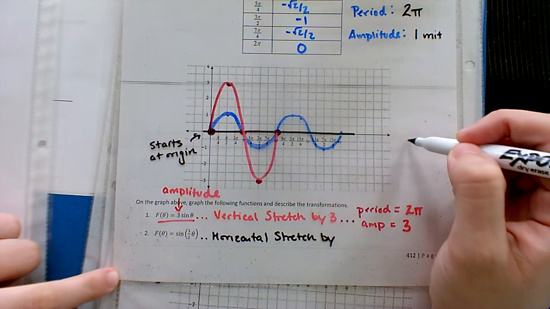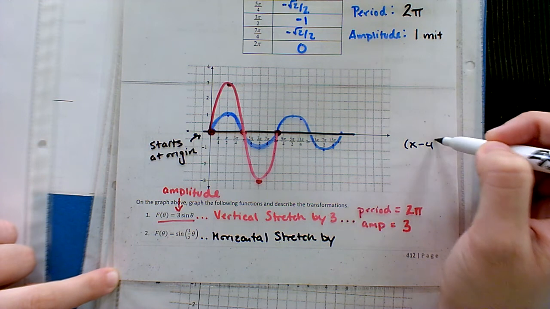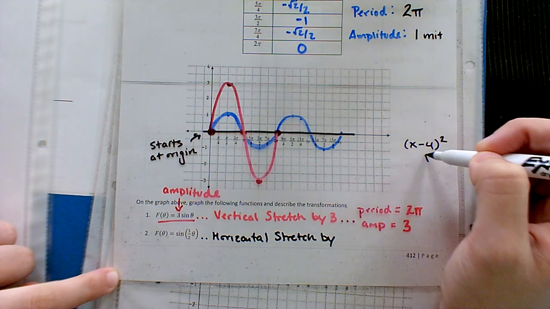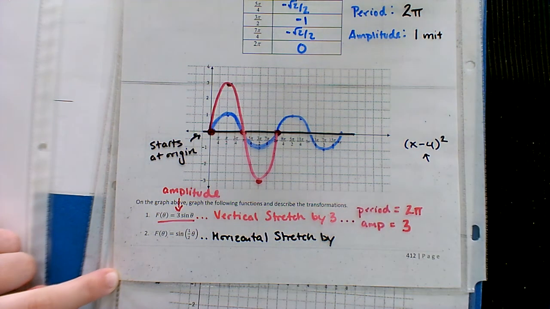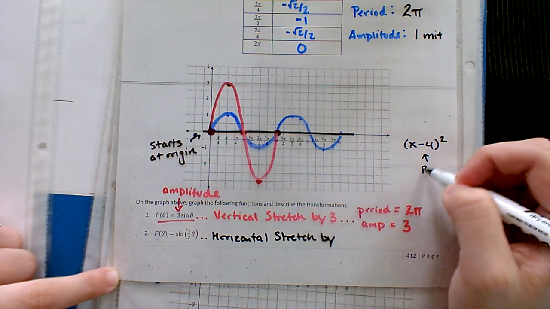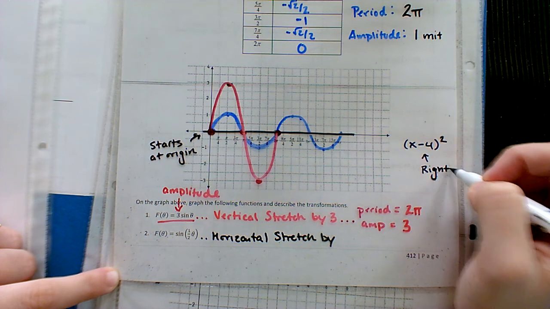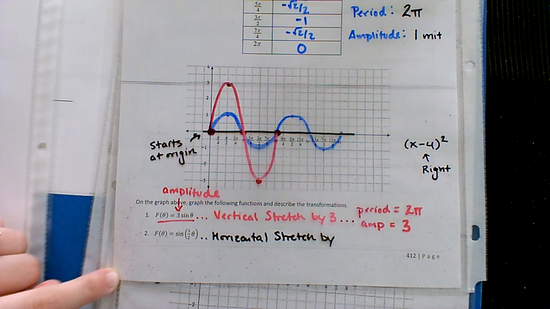Let's think about this. If we had (x minus 4) squared, do we remember what that minus 4 on the inside did to a graph? It went right 4, okay?